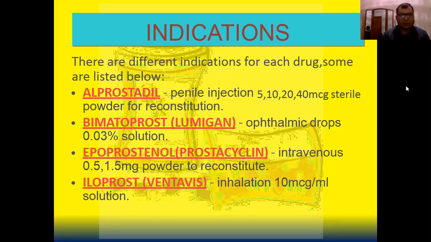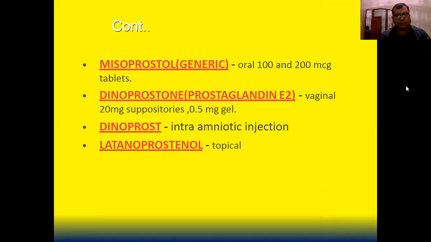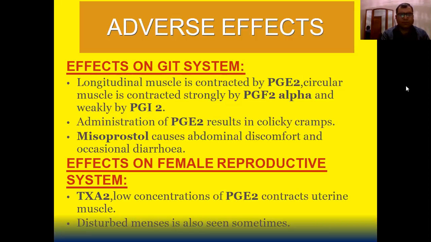Iloprost, Ventavis, inhalation 10 mcg per milliliter solution. Misoprostol, the generic oral 100 and 200 mcg tablets are available. Dinoprostone, prostaglandin E2, vaginal 20 milligram suppositories, 0.5 milligram gel. Dinoprost, intra-amniotic injection. Latanoprost, used topically.